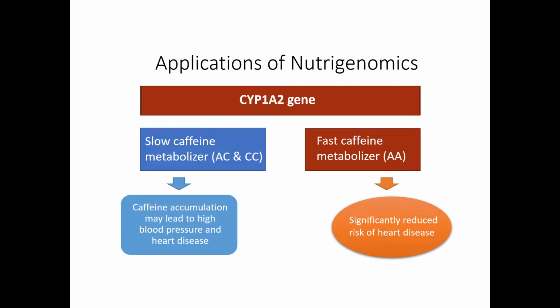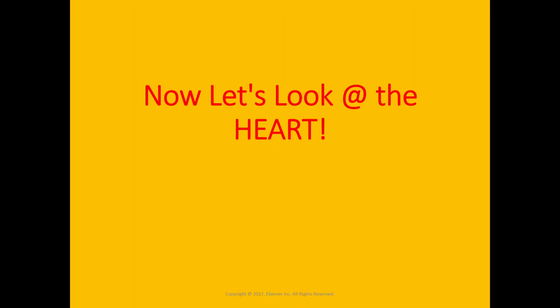The big picture, the concept we need to understand as healthcare providers, is that for some people it will reduce the risk of heart disease, and for others it will increase the risk by leading to high blood pressure and heart disease. So that's about it in a nutshell.